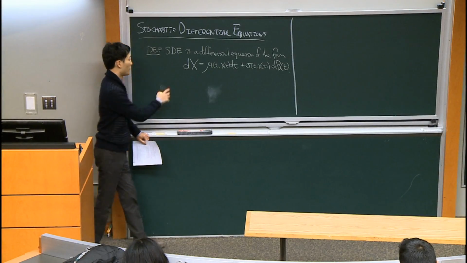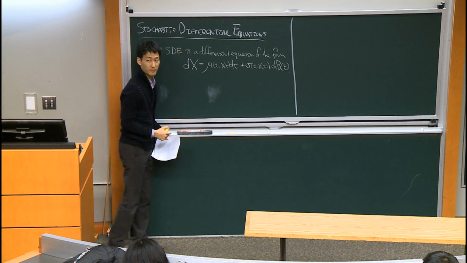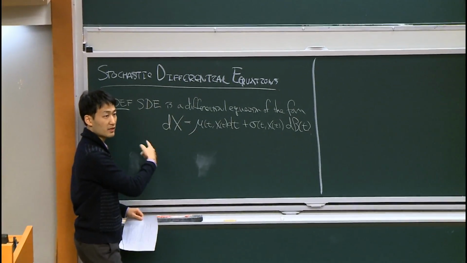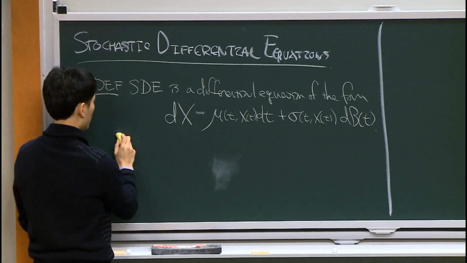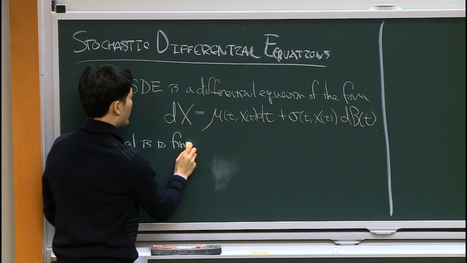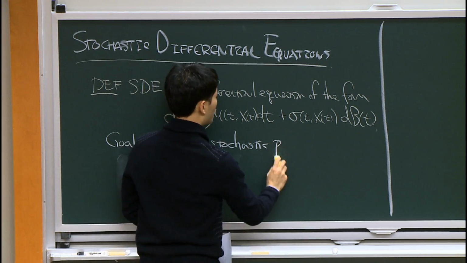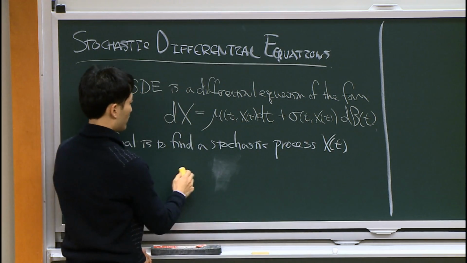So far, we had a function, and then we differentiated to get an equation of this type. But now, we're given this equation, and we want to go backwards. We want to find the stochastic process that satisfies this equation. So the goal is to find a stochastic process x_t satisfying this equation.